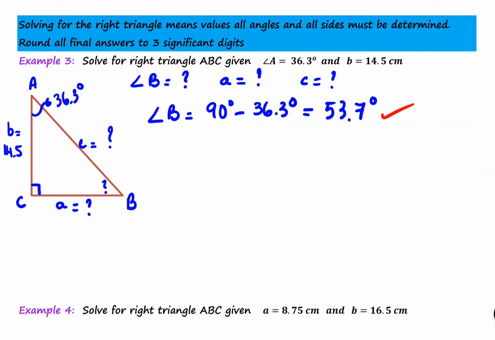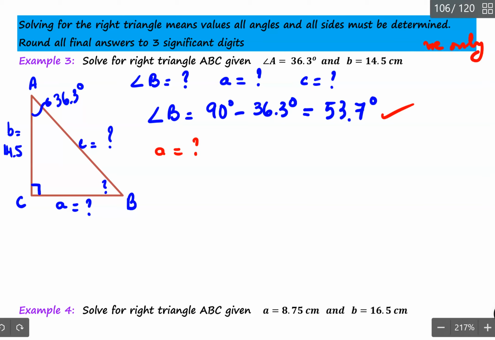And the next one is I'm going to solve for the side A. What I'm going to ask you to do is choose the trig ratio. And in choosing the trig ratio, you have to take a look at what values are given to you. So we only use given information to work with. Okay?